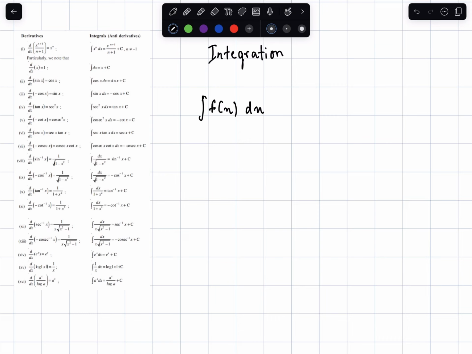Now, before we proceed, we must understand a few rules. So the first rule is that if you have two functions, let's say f of x and g of x.